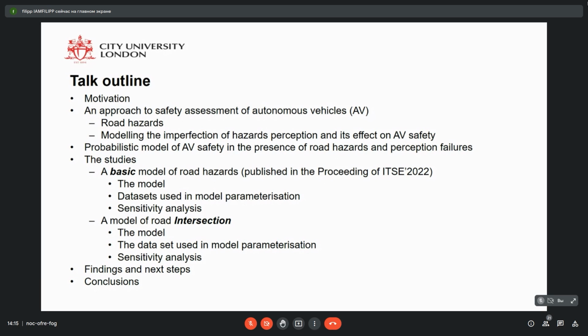There are different failure modes. I'm going to discuss them all. And the weaknesses of the safety monitors: how these different problems can affect the AV as a system at the system level. So this is probably the most significant part of this work.